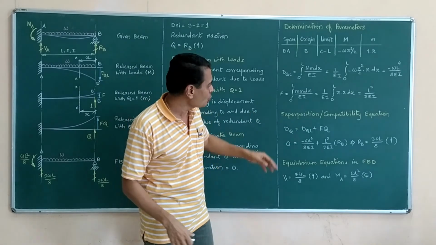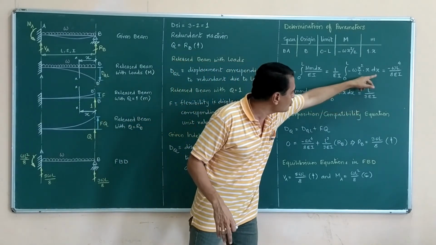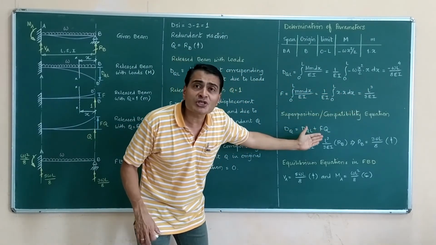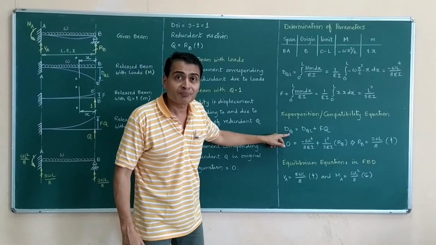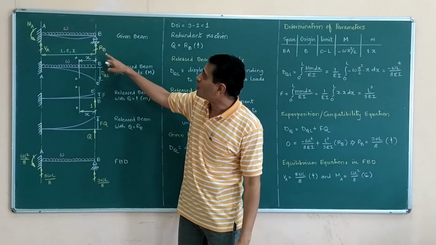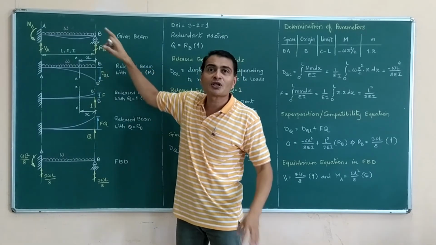And now we come to substituting these values into our superposition equation or our compatibility equation. dq, that is deflection corresponding to RB in original beam, is 0.